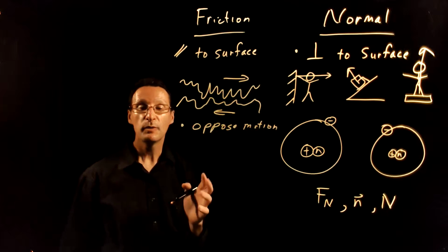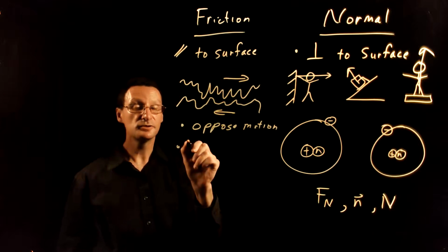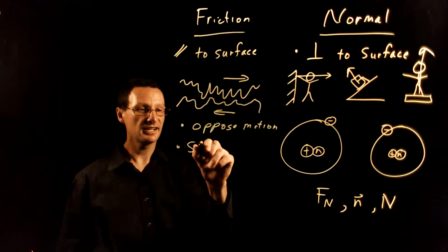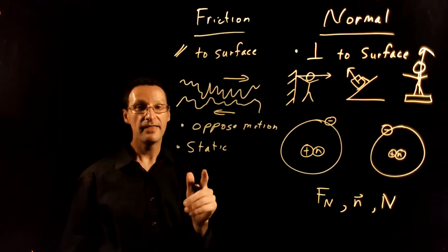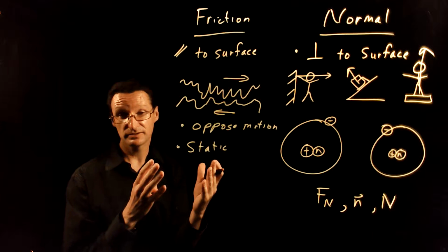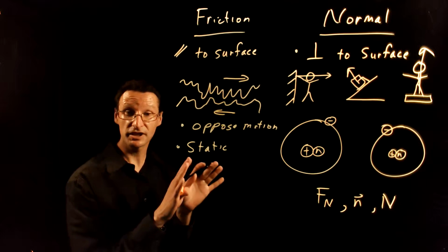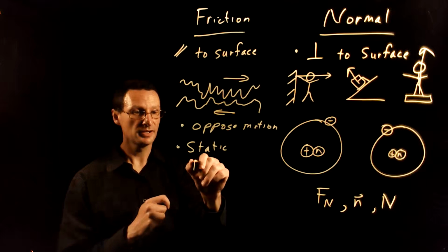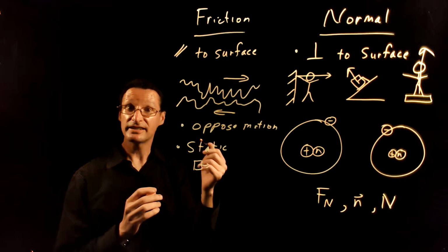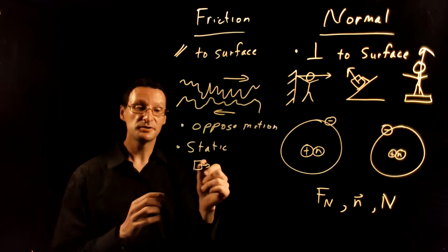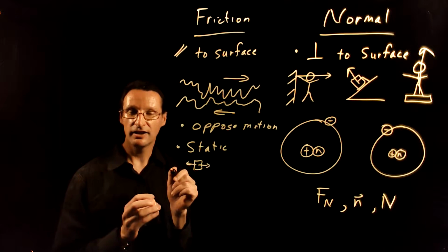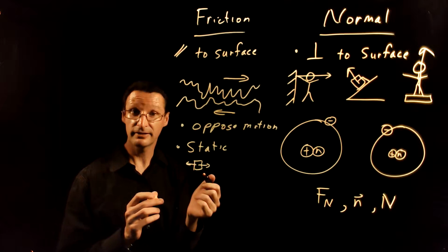Okay? And we further classify friction into two categories. One is static friction, which is the situation where, let's say, you're pushing on the box and it hasn't yet moved. So you push a little bit, and static friction prevents motion. It pushes back with whatever force is necessary to prevent it from moving.